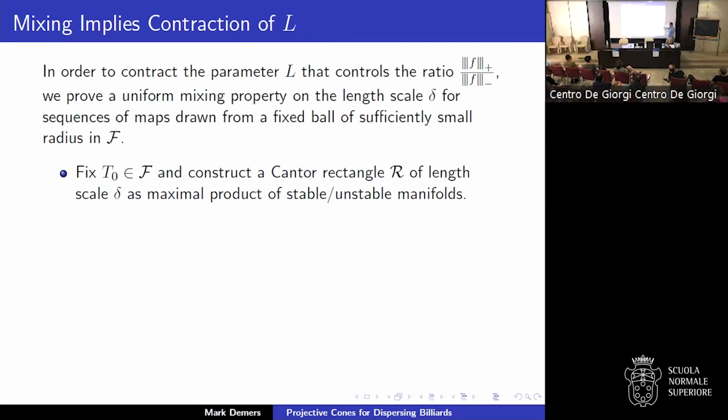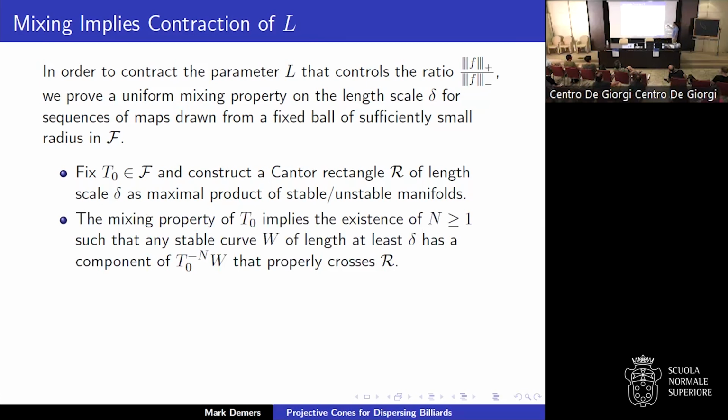You fix a certain map, which if you're doing coupling could just be your map, you're just looking at powers of the map. But here we can fix a single one, and we're going to construct a Cantor rectangle using the stable and unstable manifolds of that map. And then we can force any stable curve of length at least delta to cross that Cantor rectangle in a finite time, n, that depends on t0.